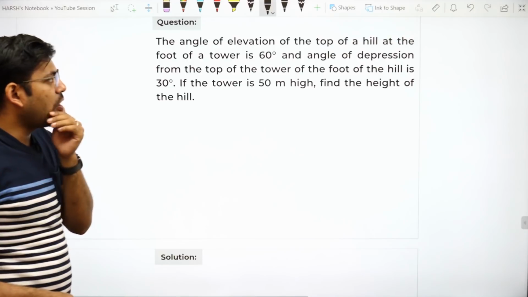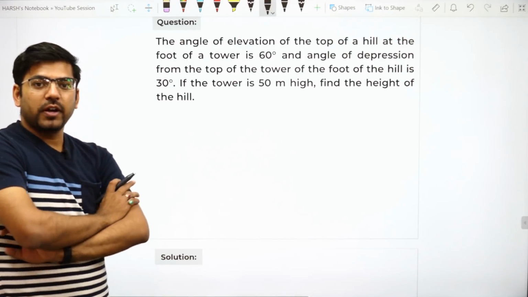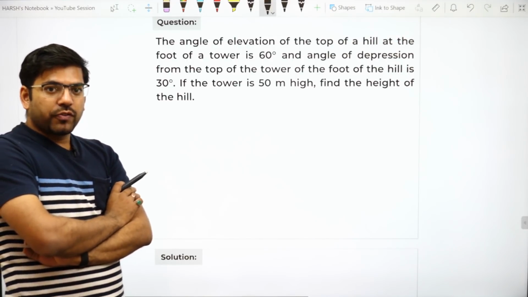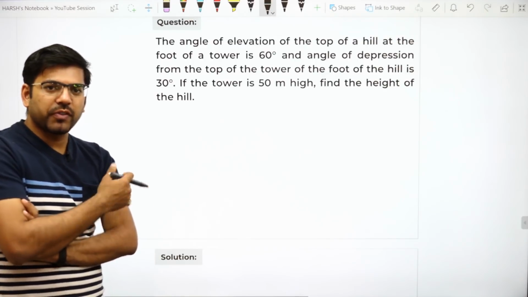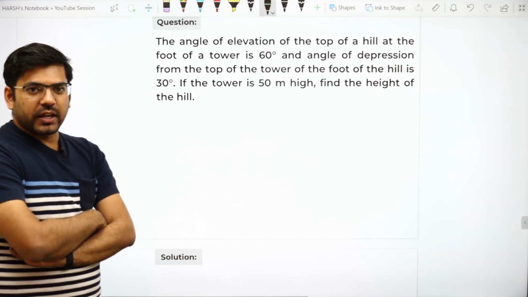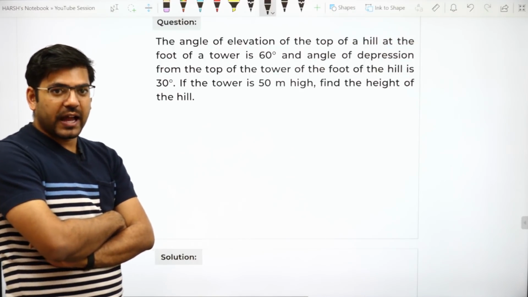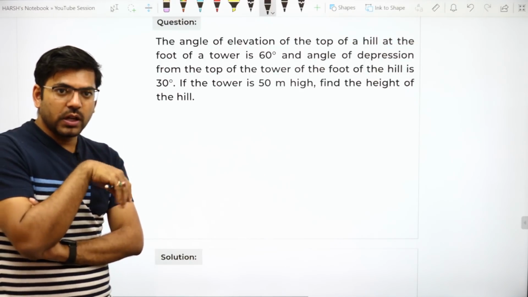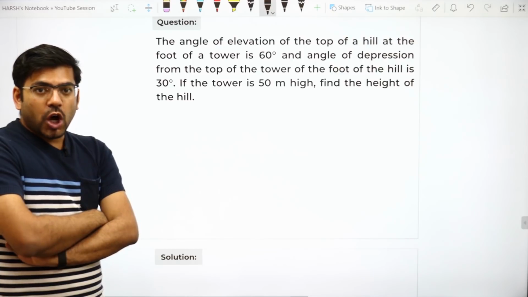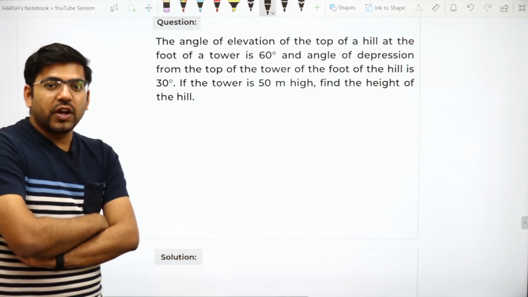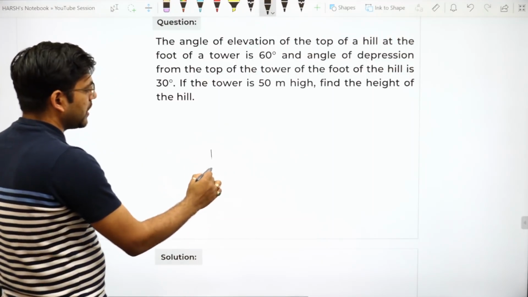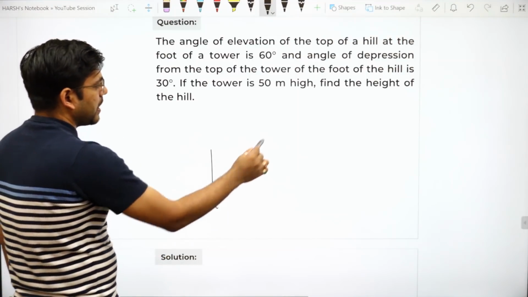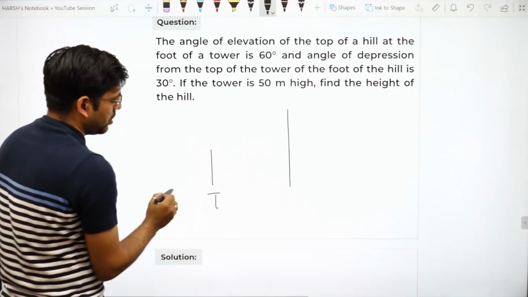Angle of elevation of the top of a hill at the foot of a tower, okay, means from the foot of the tower is 60 degree. Surely the tower will be of smaller length and the hill will be of a longer length.